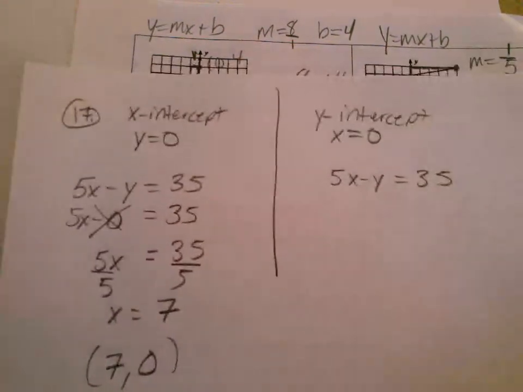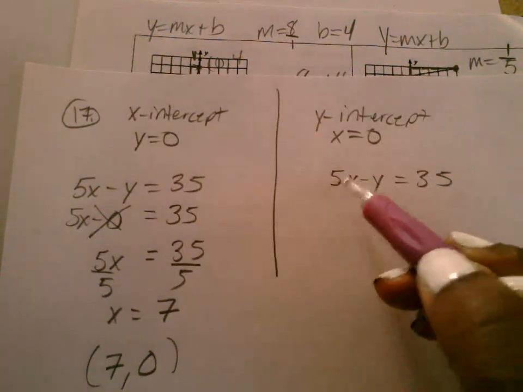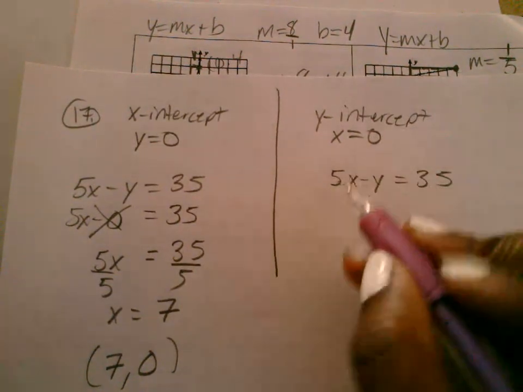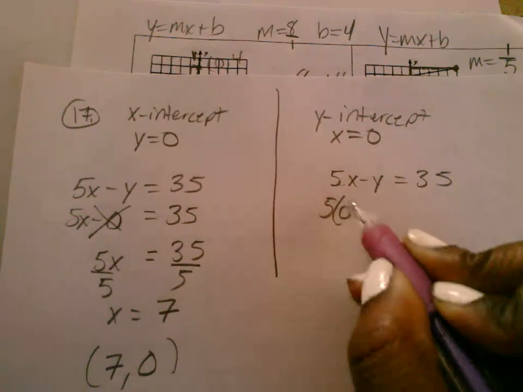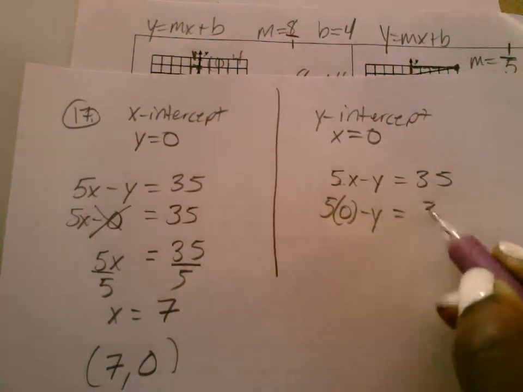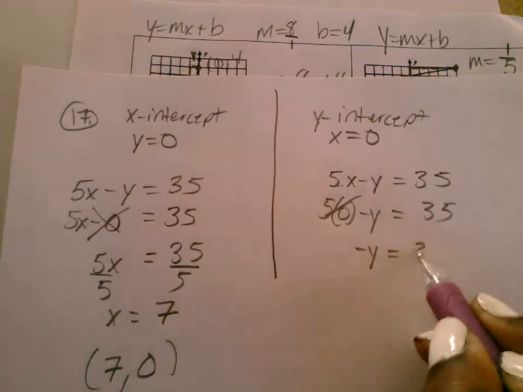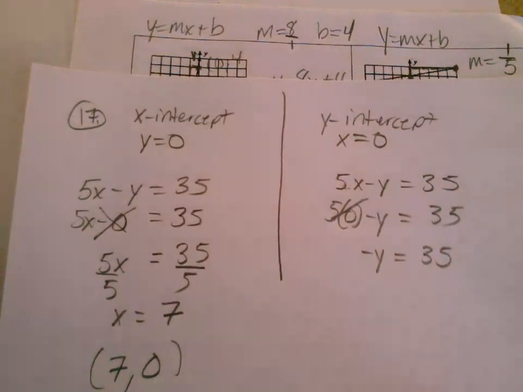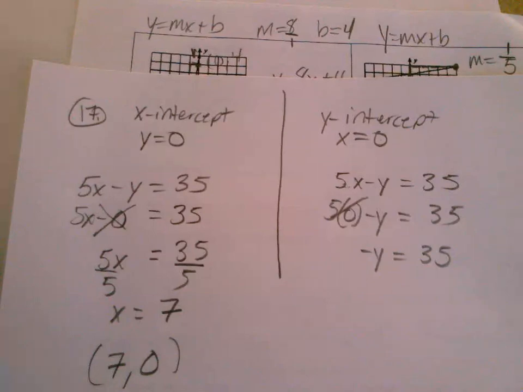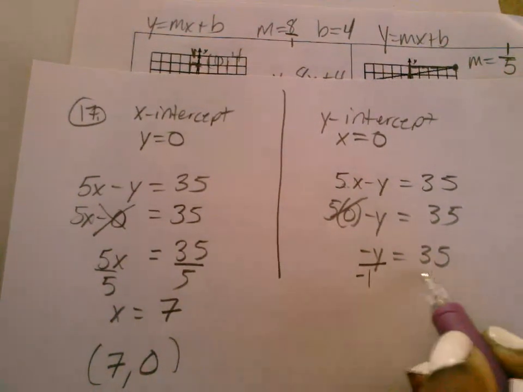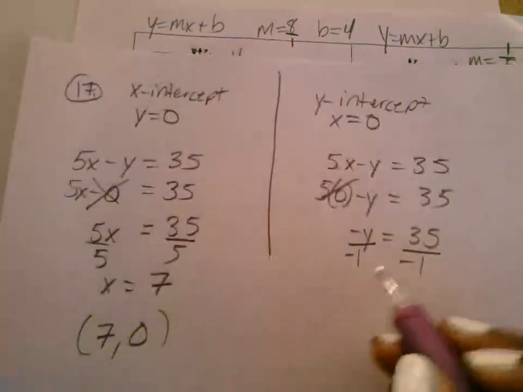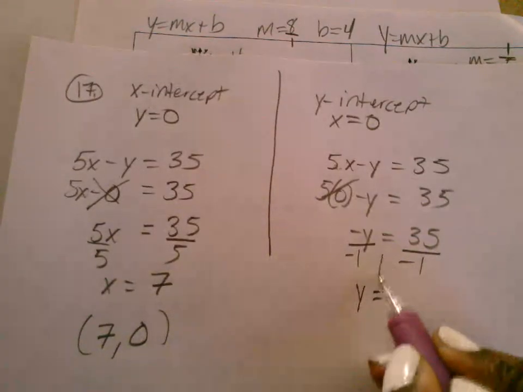Now let's do this one. Let's plug in 0 for x. So we got 5 times 0 minus y is equal to 35. So 5 times 0 is 0. So we're left with negative y. Now how do we get y by itself? Divide by negative 1. Very good. Divide both sides by negative 1. So y is equal to what number?